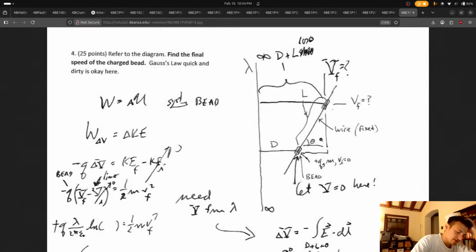So then I think you just have to integrate from d to d plus L cos theta, and you're going to integrate E dot dl, but this is just going to be like E of r dr r hat, because it's just going to be radial, you're going to treat it as if it went straight this way. The fact that it goes at this angle is just to complicate and trick you, but it's frictionless. This thing doesn't even matter.